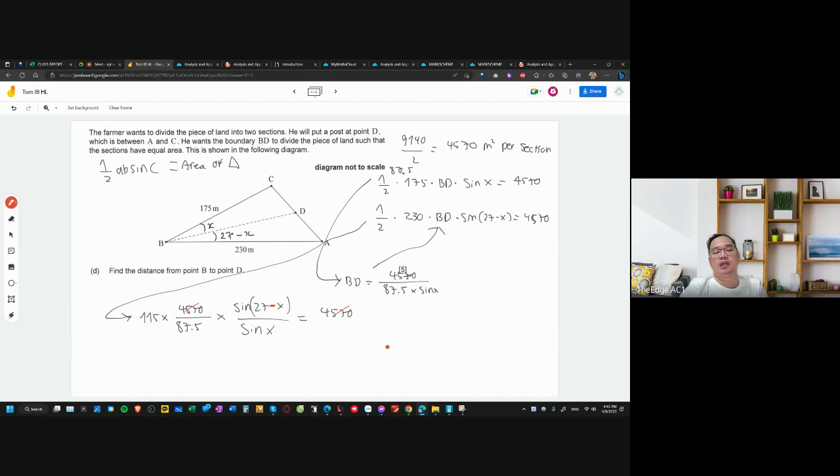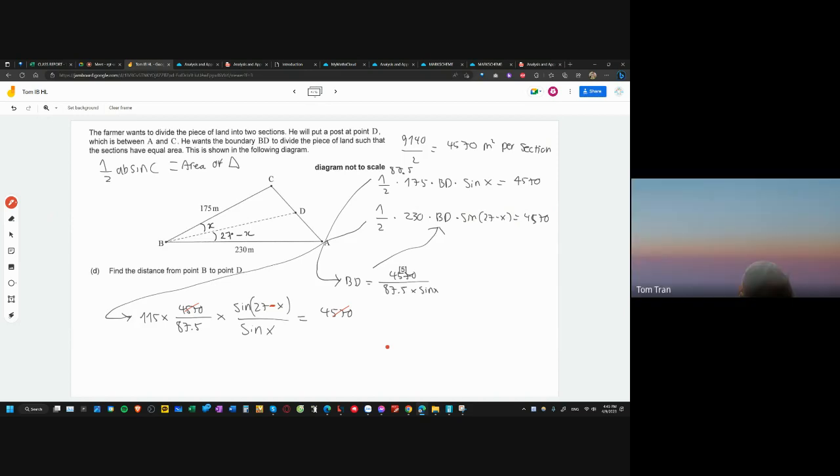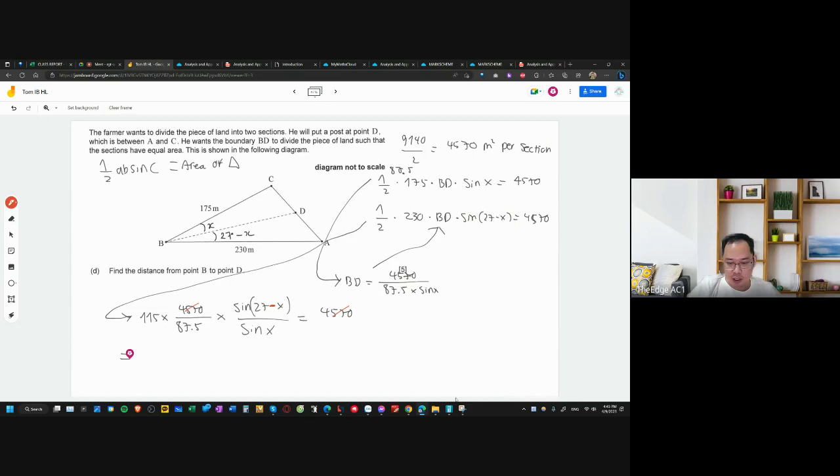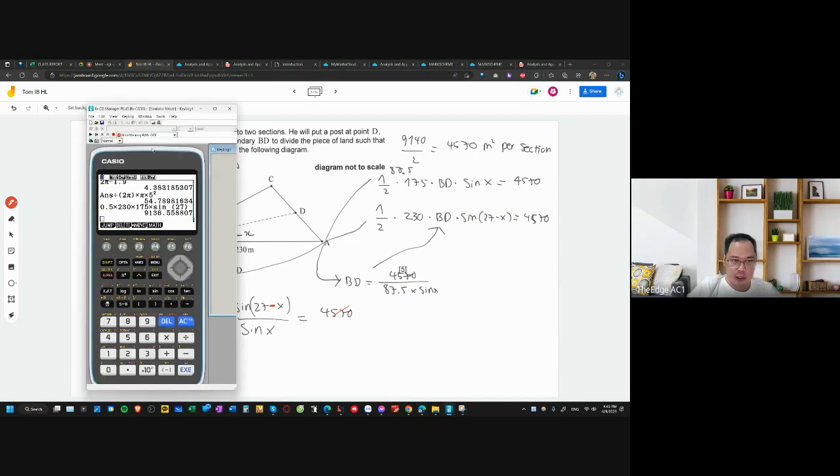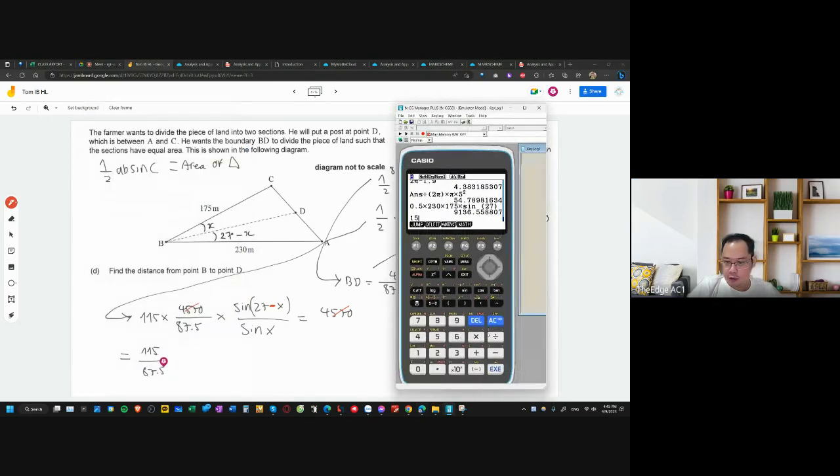115 divided by 87.5. Write another simplified equation and then put it into the calculator. Calculate 115 divided by 87.5. Is that a beautiful number?